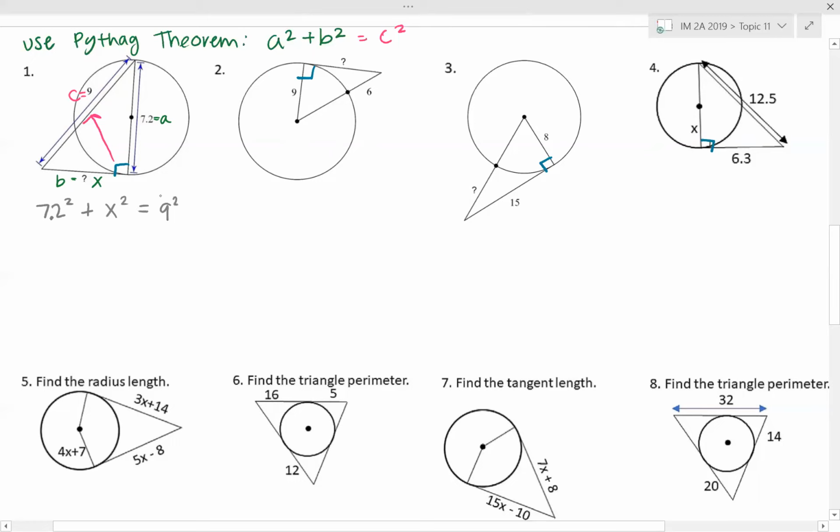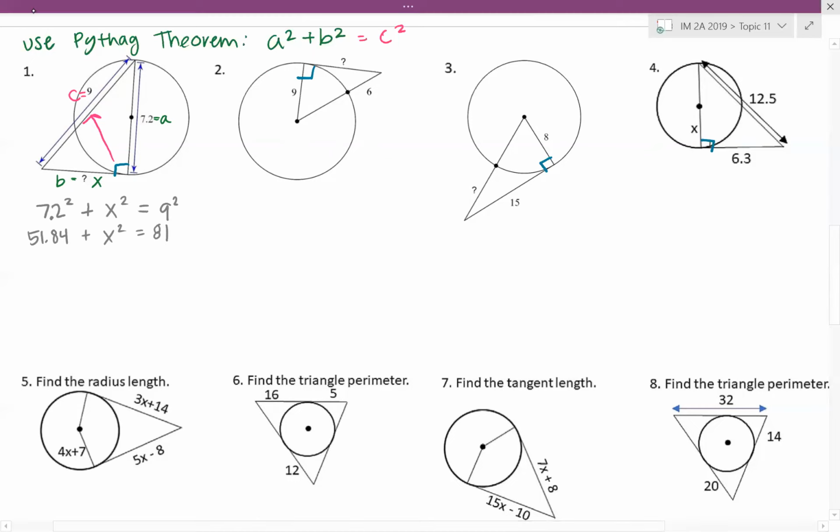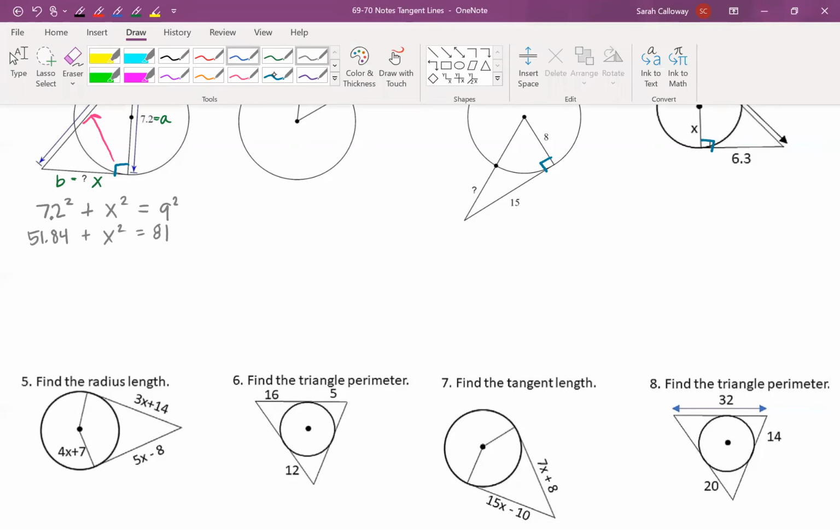If I square these numbers and simplify, 7.2 squared is 51.84, plus X squared equals 81. Then to solve for X, I'm going to have to subtract 51.84 from both sides.